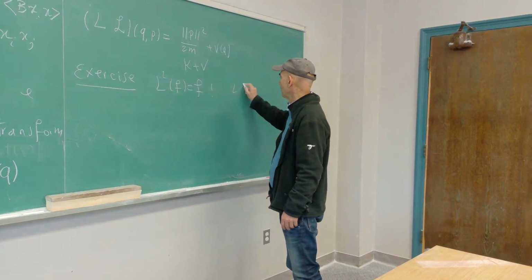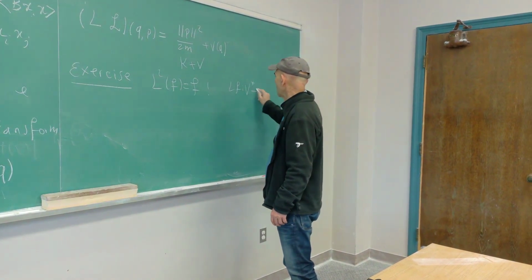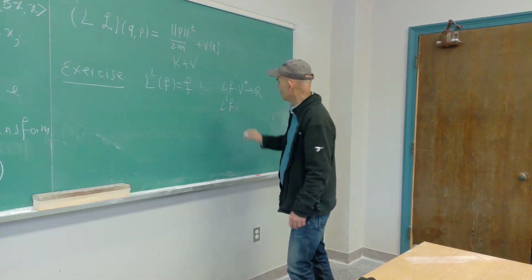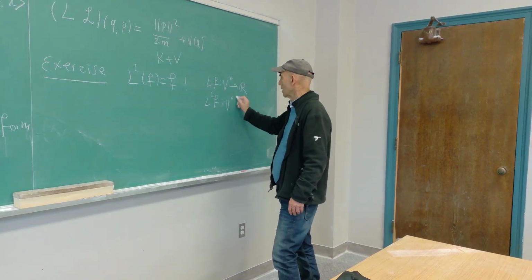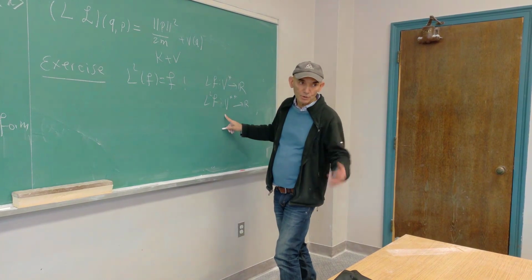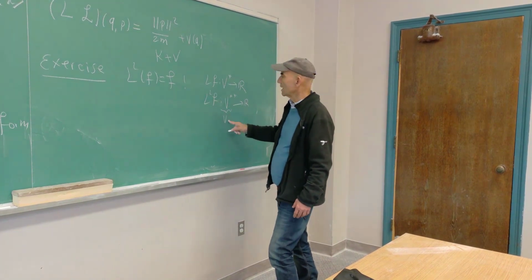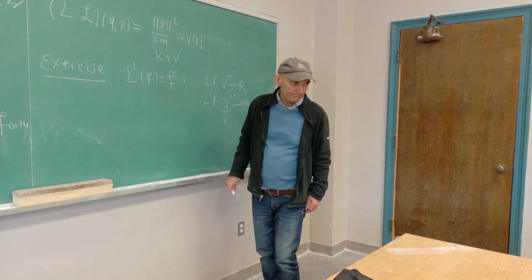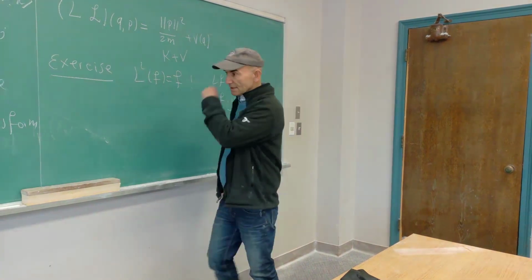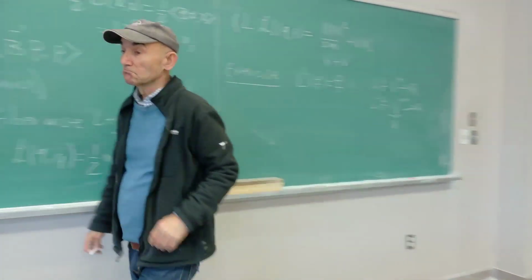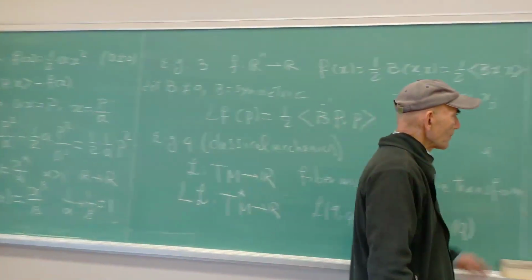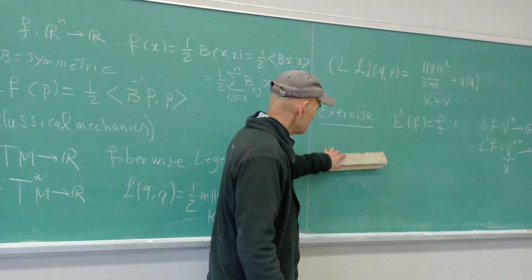Because L of f goes from V star to R, and L squared of f then goes from V star star to R, but this is naturally isomorphic to V, so there's no danger in writing this equation. This is coordinate independent. This is the duality sense of the Legendre transform. So it's really amazing. Good to think about.